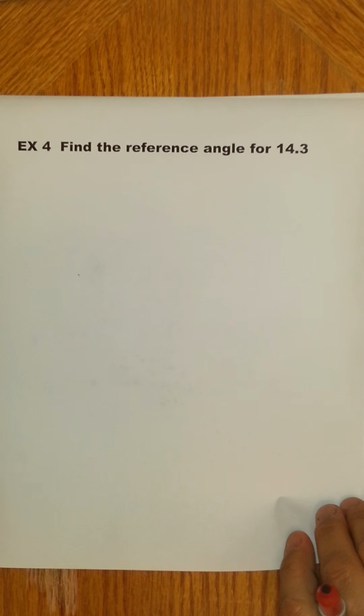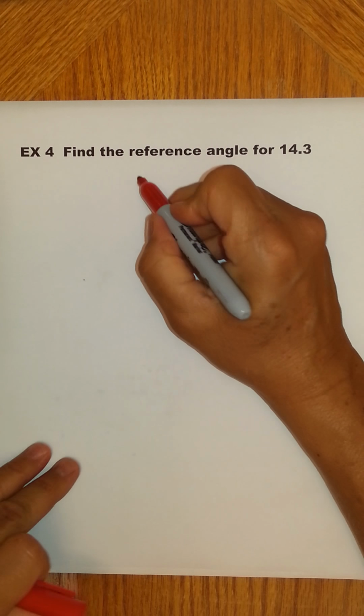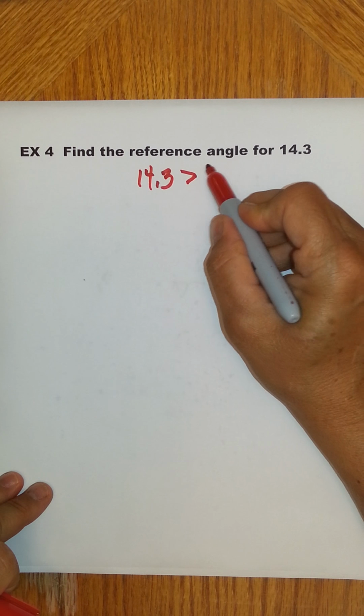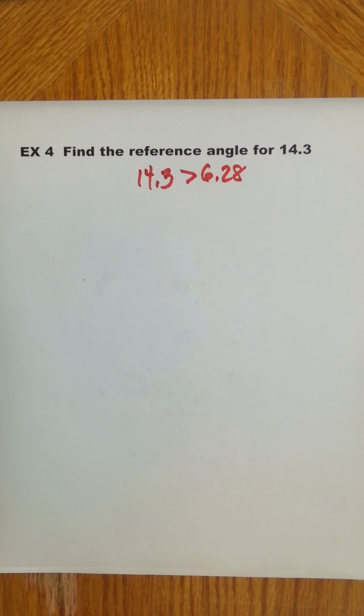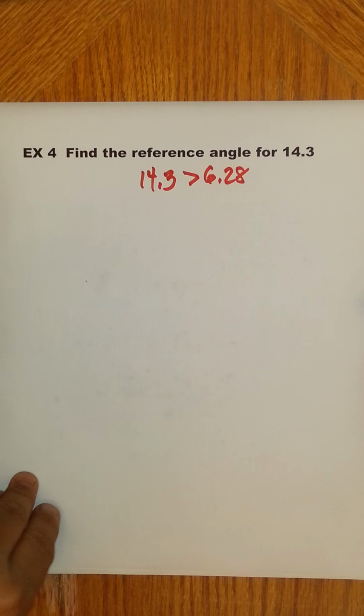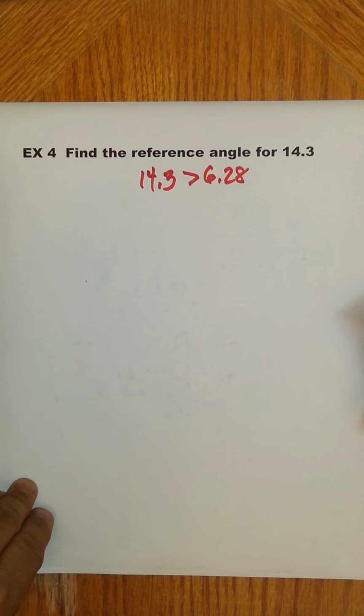Next example. Find the reference angle for 14 pi over 3. Okay, so here, this is more than one revolution, right? Because 14.3 is greater than 6.28, which is the approximation for a full revolution in radians. So I need to back out my full revolutions.